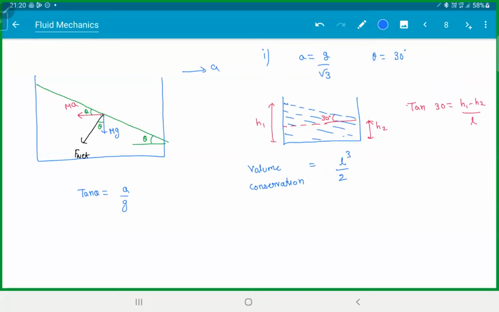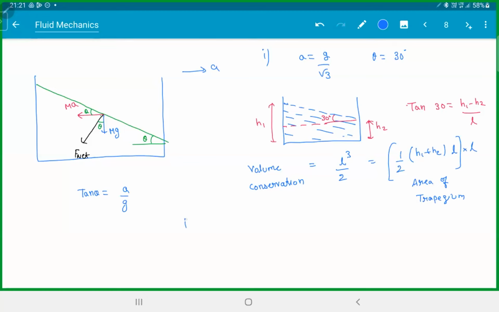It's half filled. What is the final volume? This thing is a trapezium. Area of the trapezium is half into h1 plus h2 into L, and the side is L. This is the area of the trapezium into that length, and that will be the volume of the water. Sum of the sides by 2 into L. Is this fine, everyone? So this will give you the second equation. From here, you can find h1, h2.